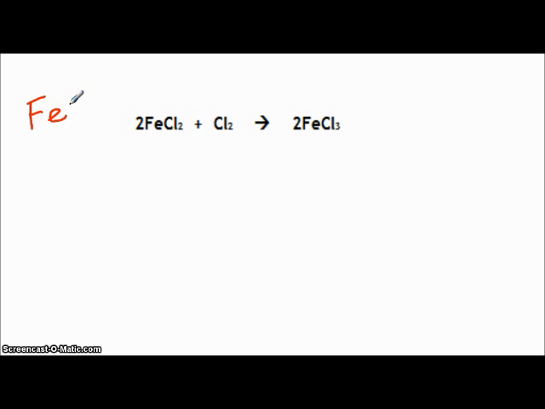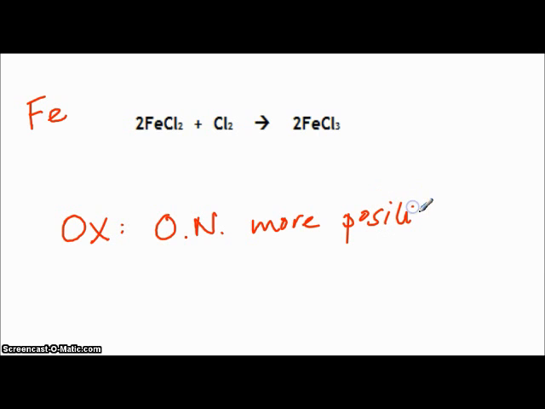And the key learning point here is if something is going to be oxidized, then its oxidation number will become more positive. Now, we use more positive specifically because it could, for instance, go from -2 to -1, and that's also becoming more positive.